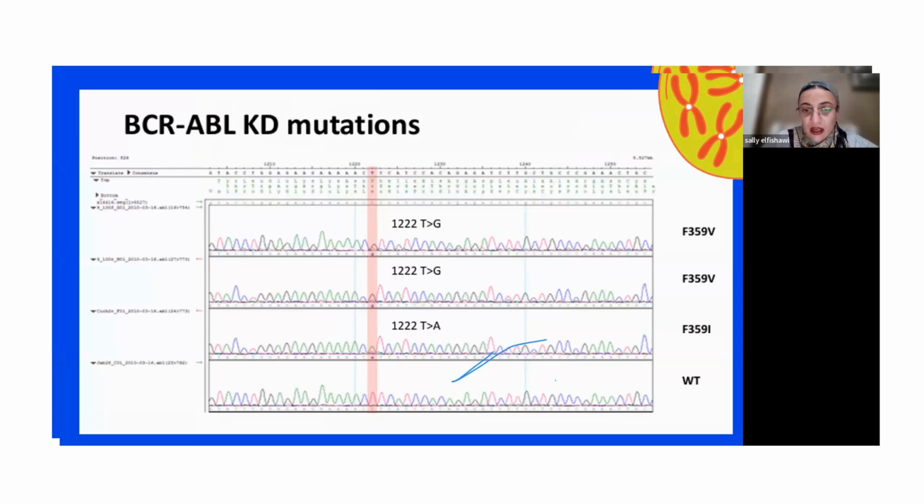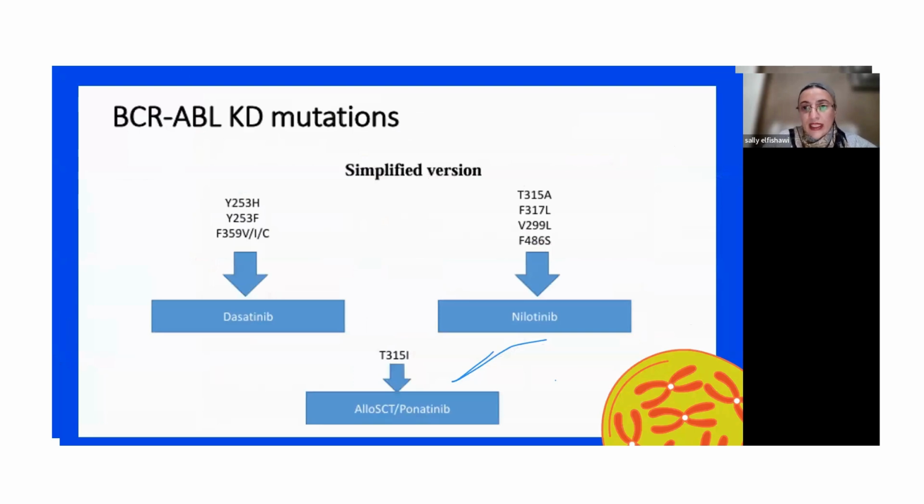They are, as you see here, point mutations that guide the choice of treatment. We can see here in the simplified version these mutations with their corresponding line of treatment, either first, second, or third, or transplantation for the T315I mutation.